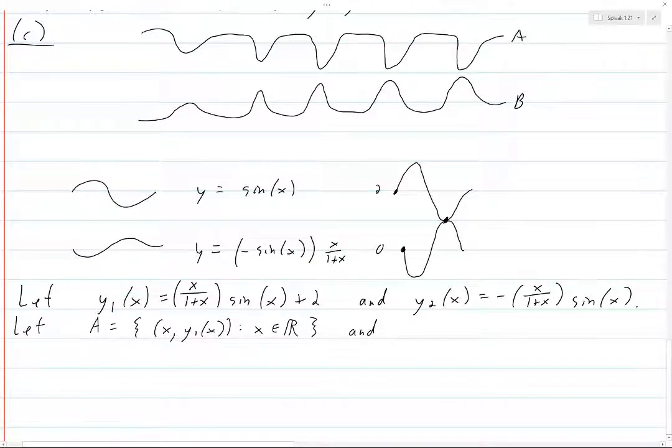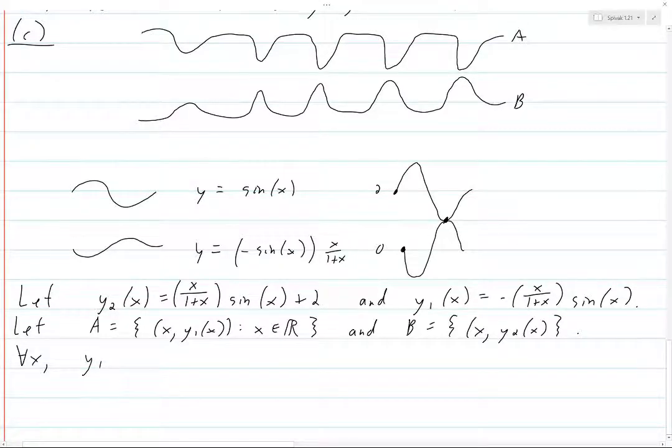So to prove that they don't intersect, for every x, let's have y1 be the smaller one, and y2 should be the bigger one. So for every x, it should be the case that y1 of x should be less than y2 of x.